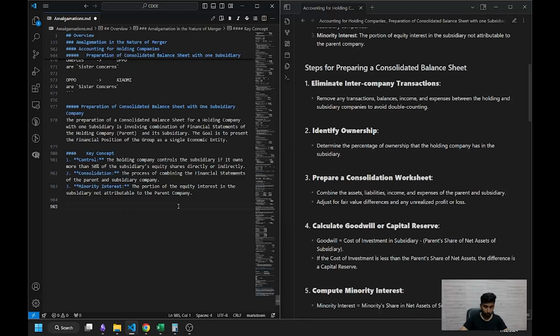Second is consolidation, the process of combining the financial statements of the parent and the subsidiary company. Third is minority interest, the portion of the equity interest in the subsidiary not attributable to the parent company.